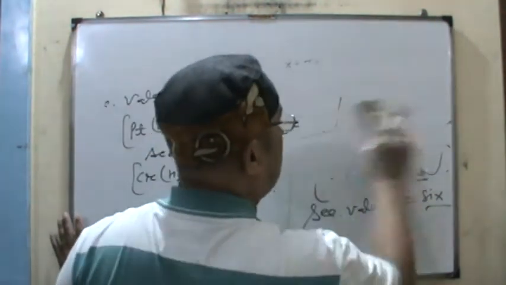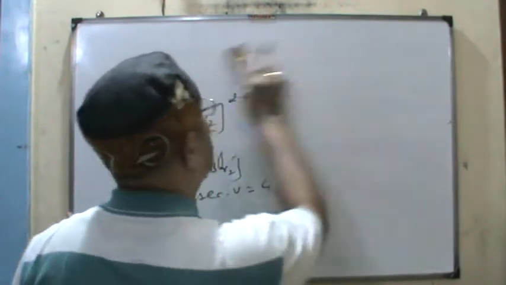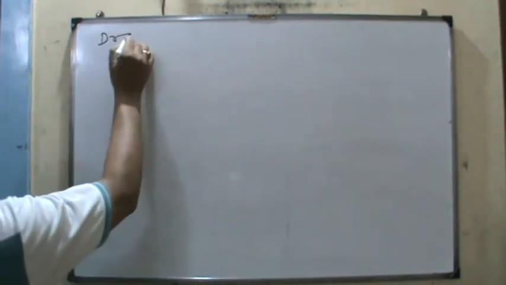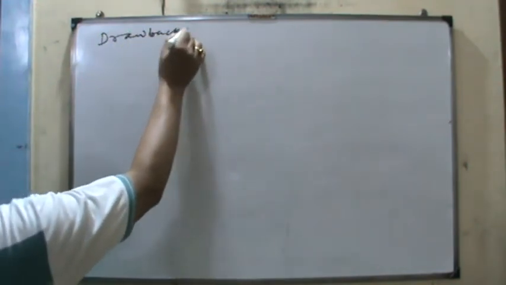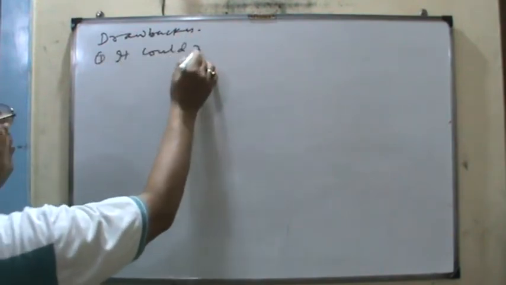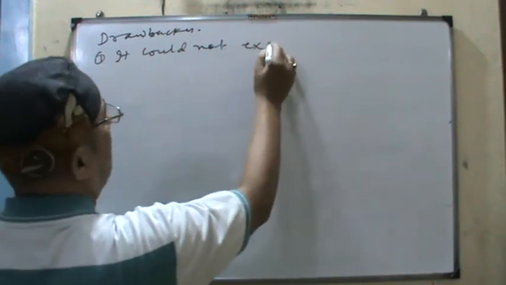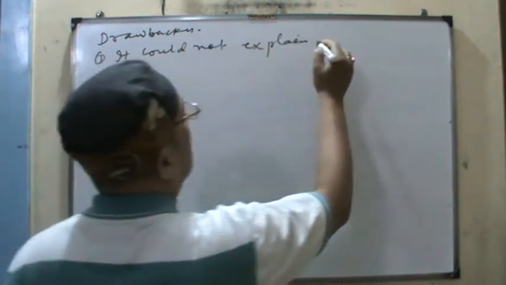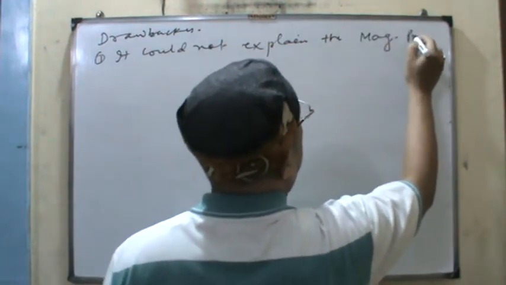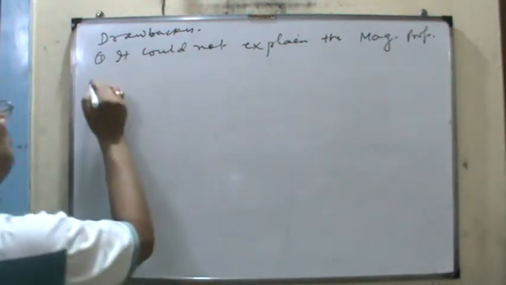But Werner's theory postulates also suffer from certain drawbacks. Drawbacks: it could not explain the magnetic property of the complex.